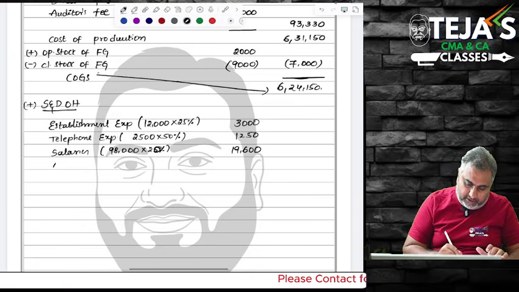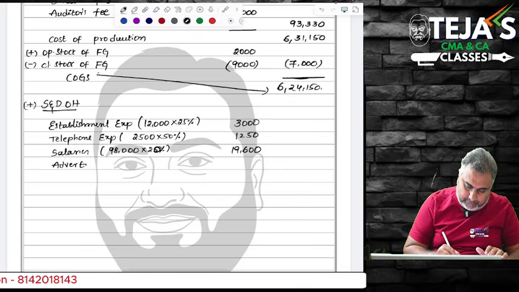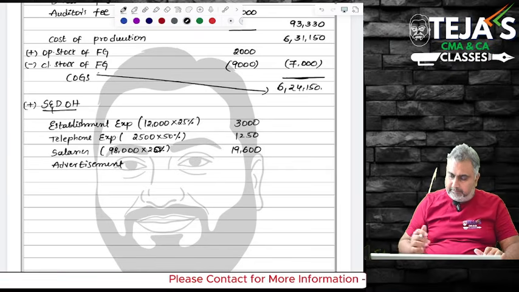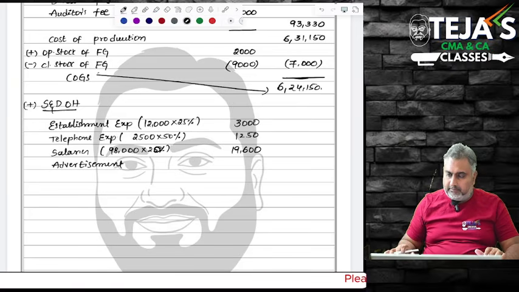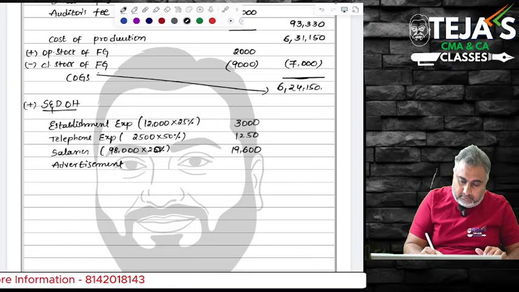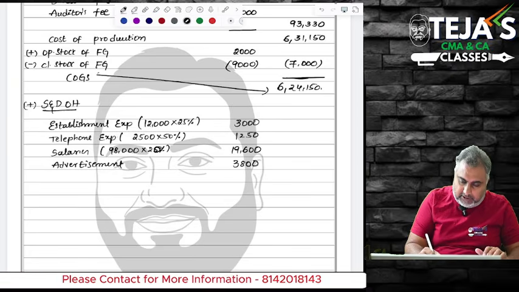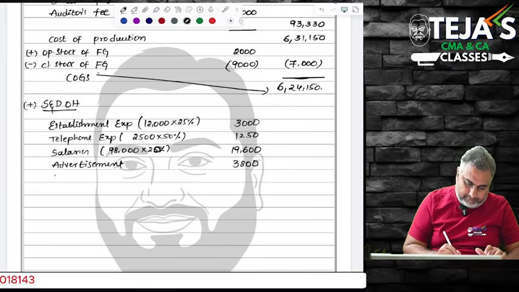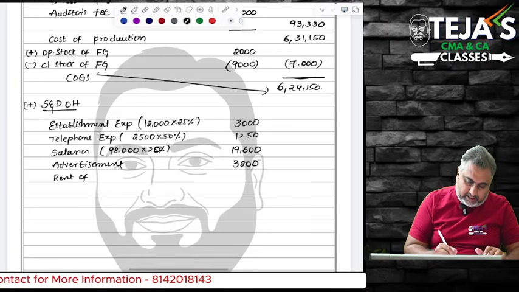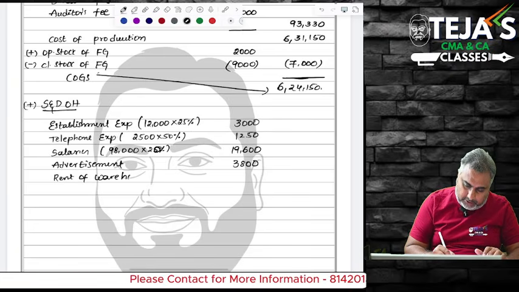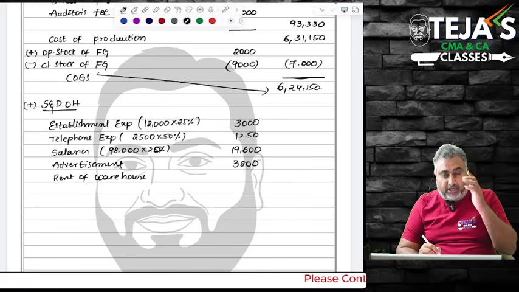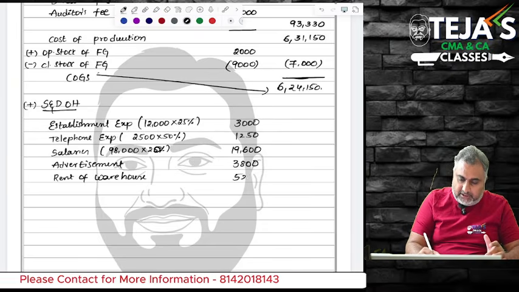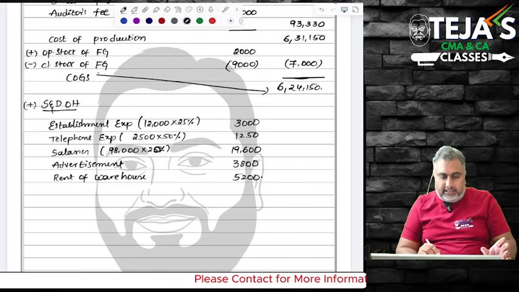Then we have advertisement, 3,800. We have rent of warehouse also, because rent of warehouse belongs to storage of finished goods, so that is covered under selling and distribution. That is 5,200.